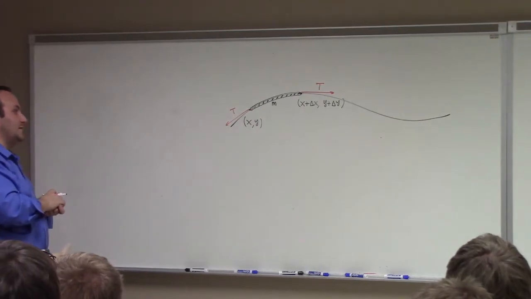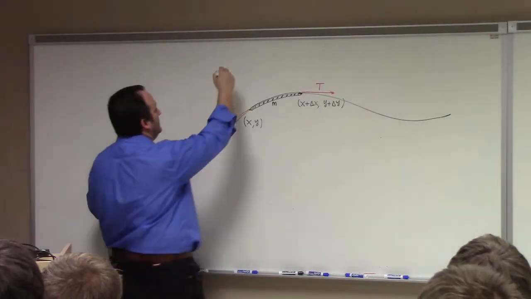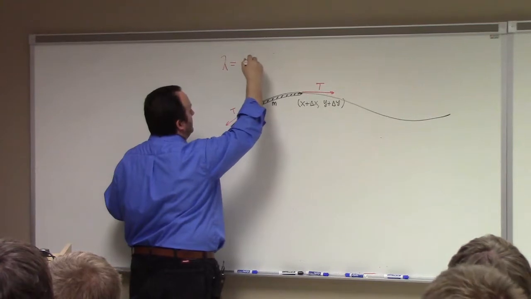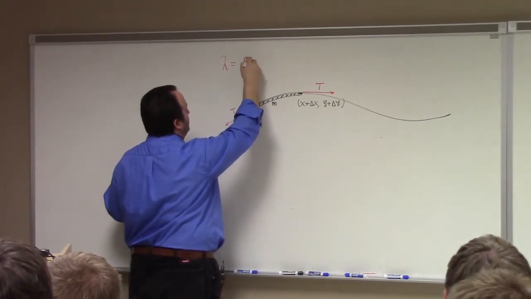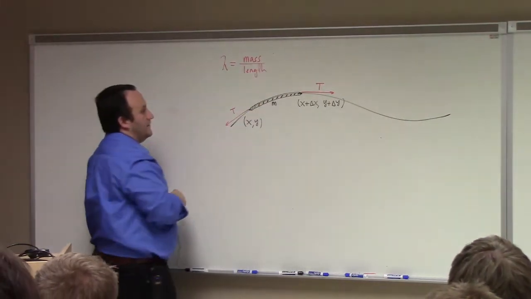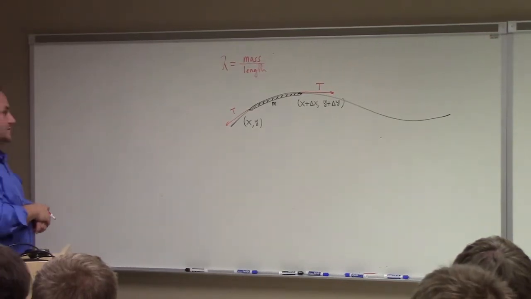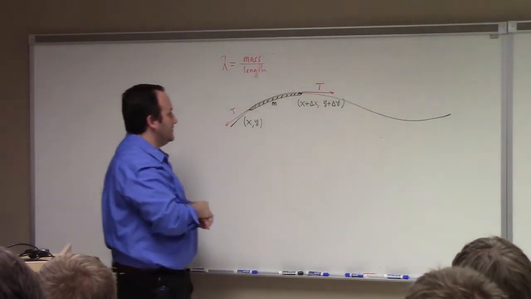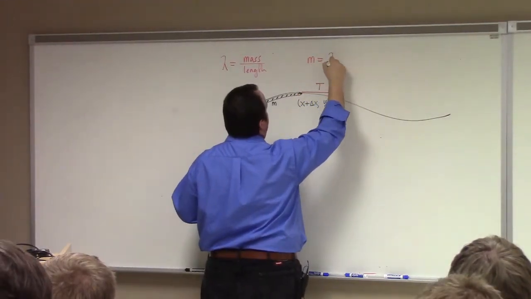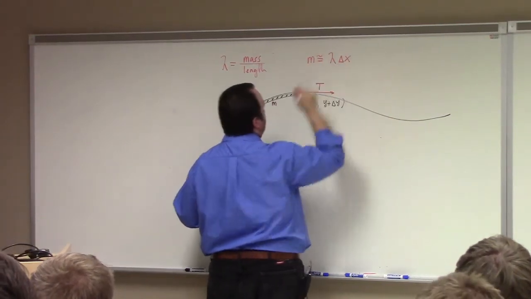And so we can write Newton's second law on this little bit of string, and let's also suppose that lambda is equal to the mass per unit length, right? Let's see here. So this m would be what? Something like lambda times delta x, right? To a good approximation.